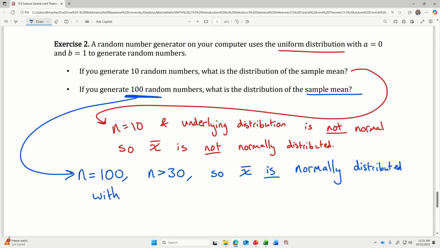The mean of the distribution of the sample mean, there's so many words in statistics, is the same as the mean of the underlying distribution, which in this case is 0.5.